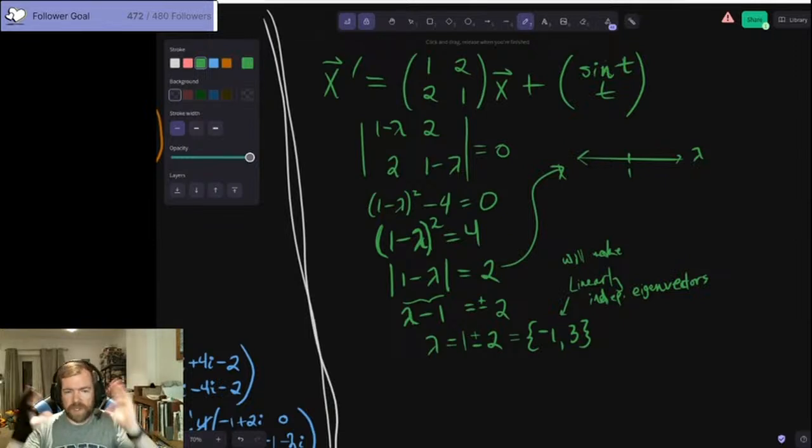I use the absolute value as a distance measurement, so here we're saying that the distance between 1 and lambda, the thing we're trying to find, is 2. So we travel a distance of exactly 2 in either direction, and we find where our solutions are. Upwards is 3, downwards is -1. Since it's just equal, we want those particular numbers and no others.